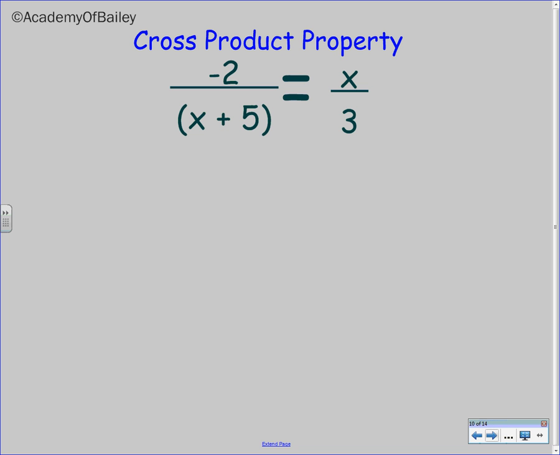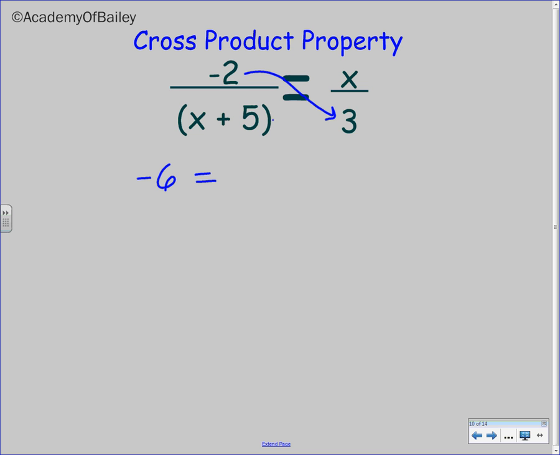All right, this one here is a little more challenging than what we had. This is going to require you to remember your factoring skills from algebra class. We still have an unknown, so we're still going to be using cross product property. So when we say negative 2 times 3, it gives us negative 6.